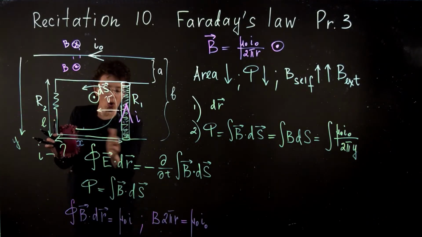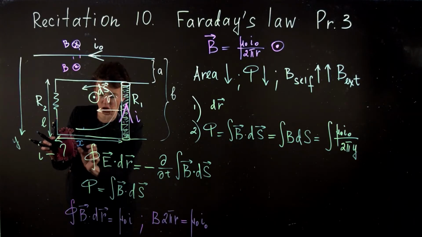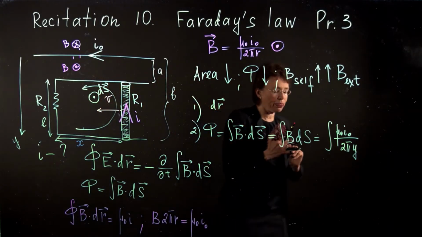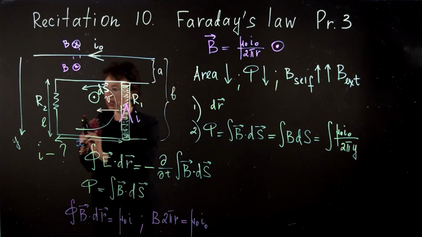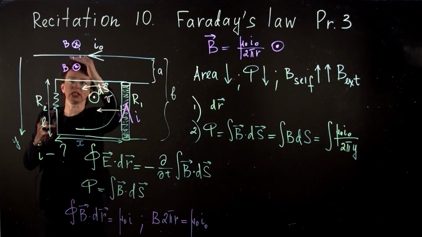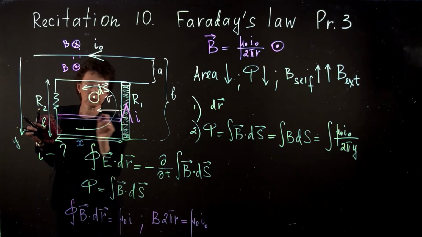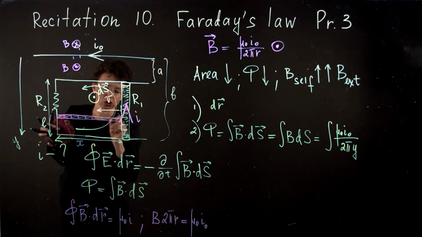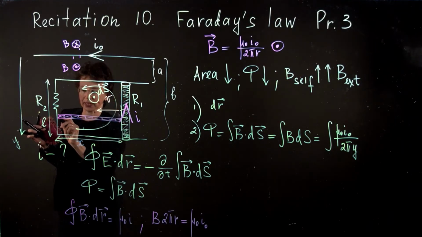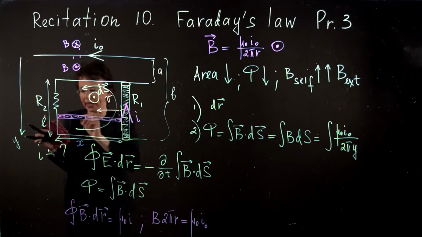So as always, we call this dimension of the frame that changes x, and then my area will be dS. We understand that we need to integrate along y. We will split this area into these stripes. This dimension is x.